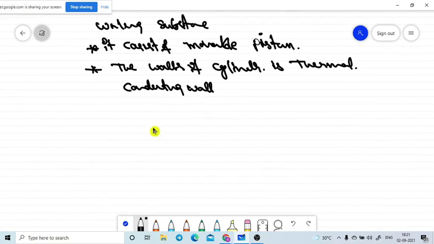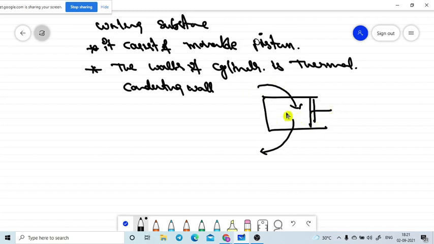These walls can allow heat energy from the surroundings to the system, and from the system to the surroundings. These walls allow heat energy to flow from the system to the surroundings and from the surroundings to the system. So these are the thermally conducting walls.